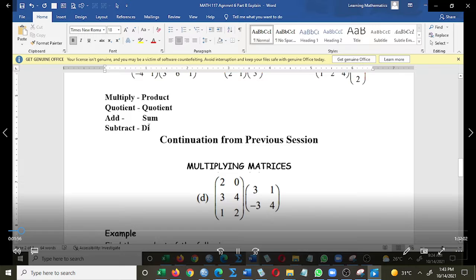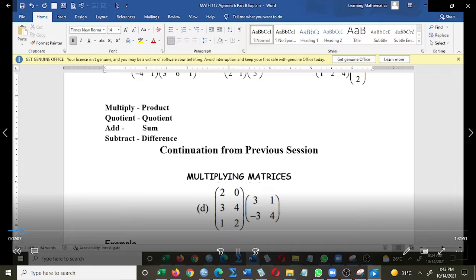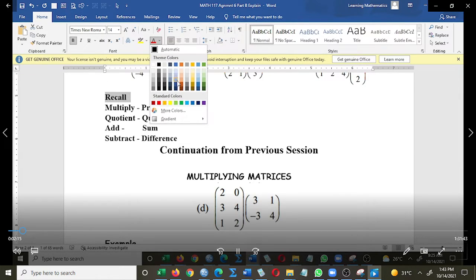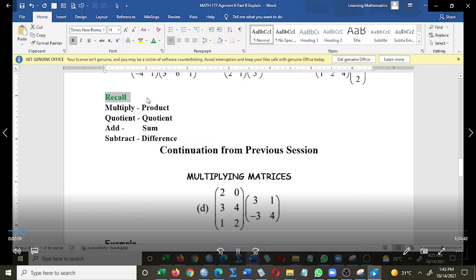Difference. Exactly. Difference. So all these little things, it's good to know. I call them take note or remember, recall. The language is vocabulary, maths vocabulary.